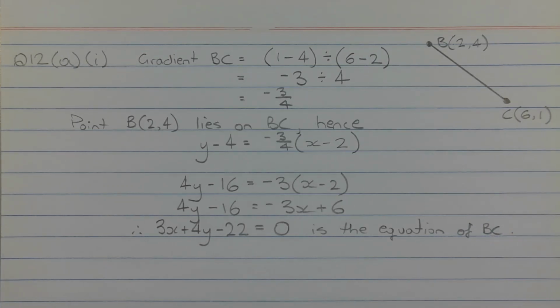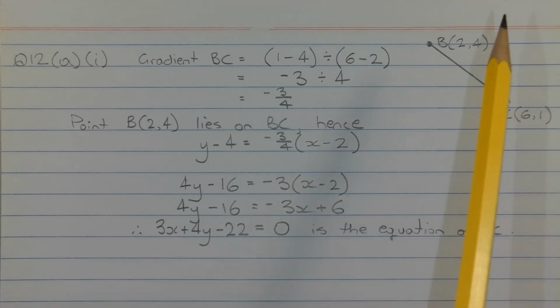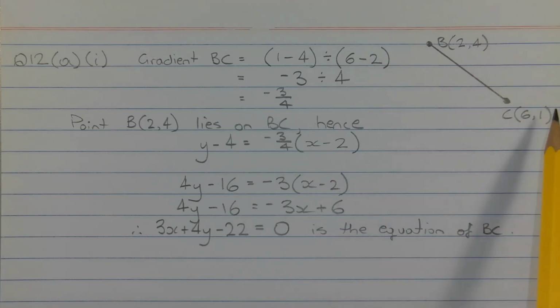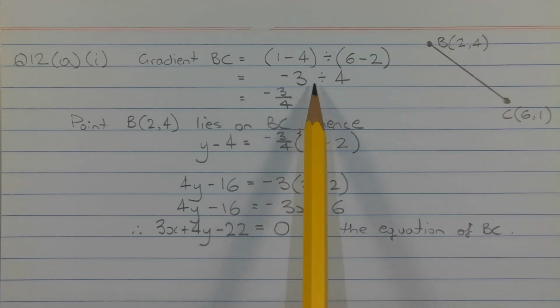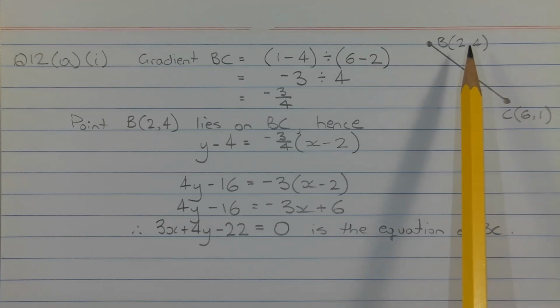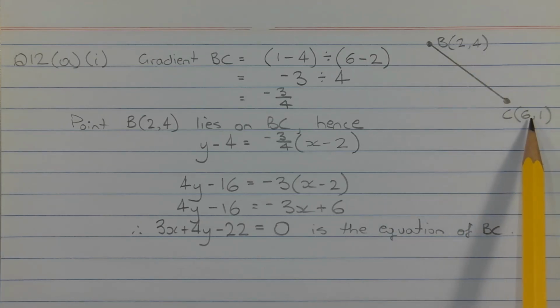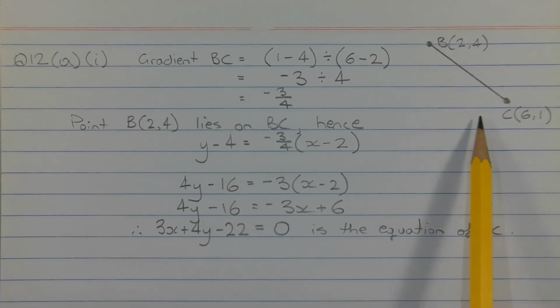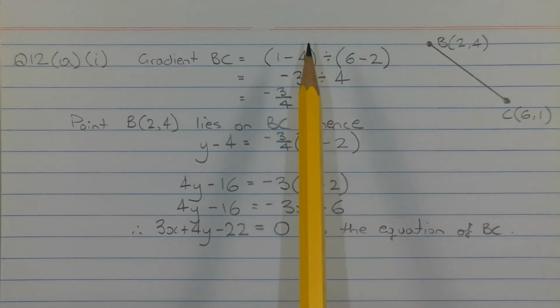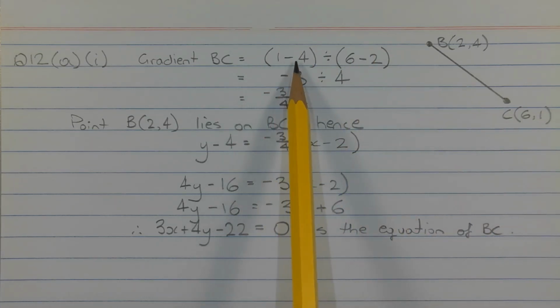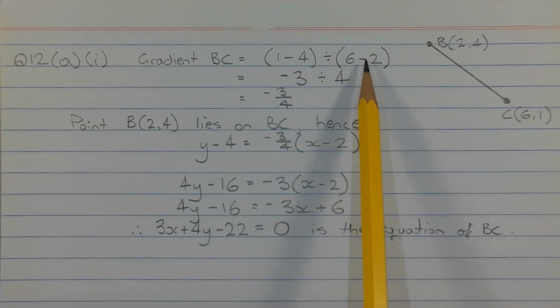The gradient of a line is found by finding the change in y and then dividing that by the change in x. Now the change in y, starting at 4, ending at 1, is -3. The change in x, starting at 2, ending at 6, is 4. Using the two-point formula, that's y2 minus y1 divided by x2 minus x1.